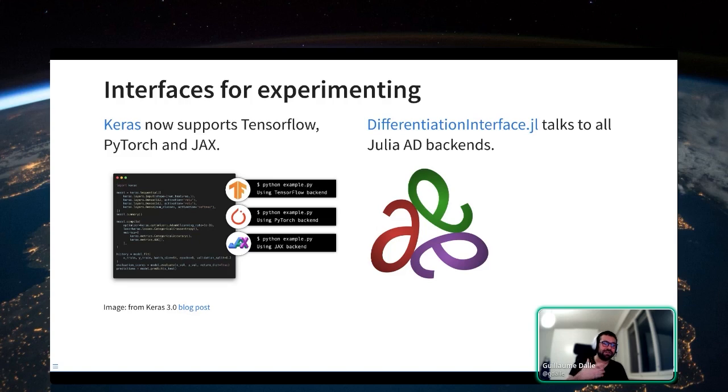So at the moment, such an interface does not exist, which means that if your code as a library developer is not natively compatible with automatic differentiation systems, you need to write what's called custom rules. And this, unfortunately, must be done backend by backend. Hopefully that answers your question.